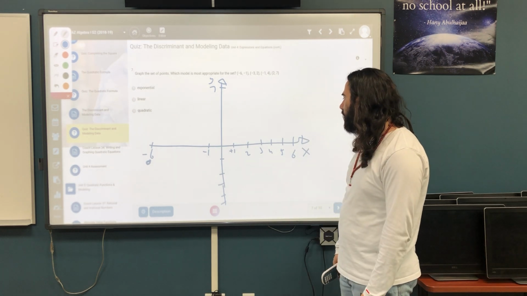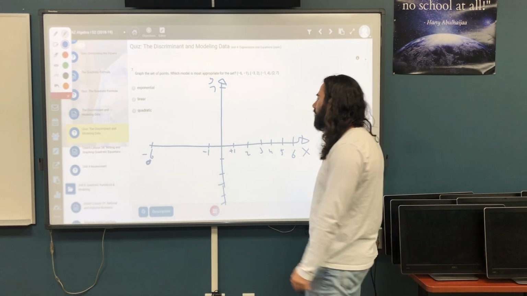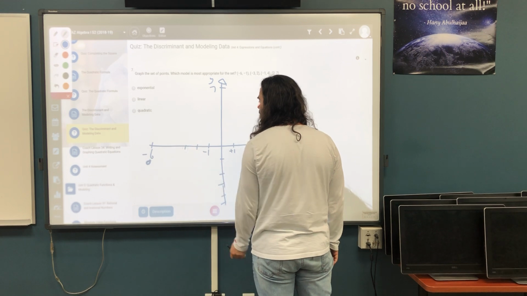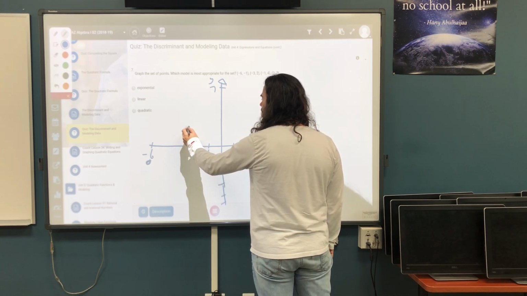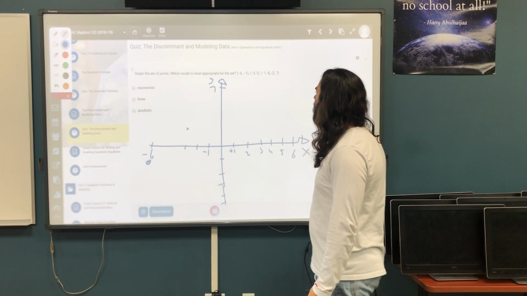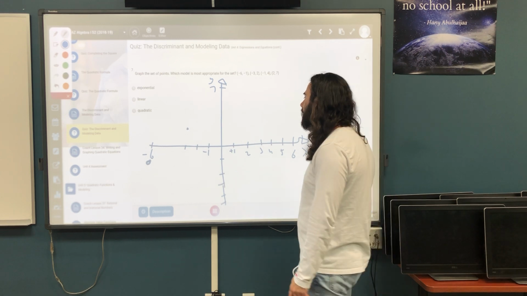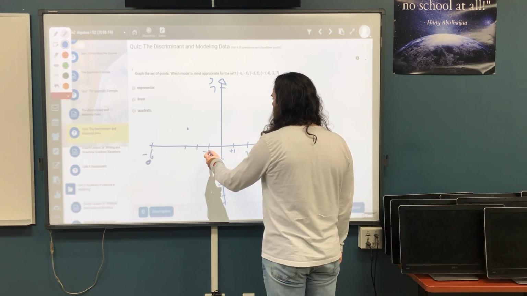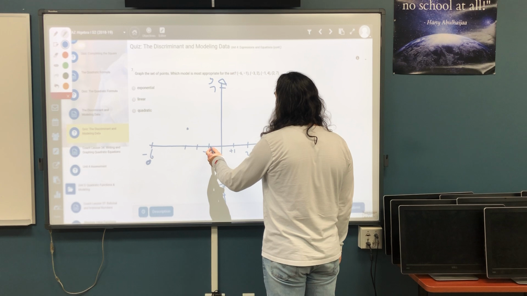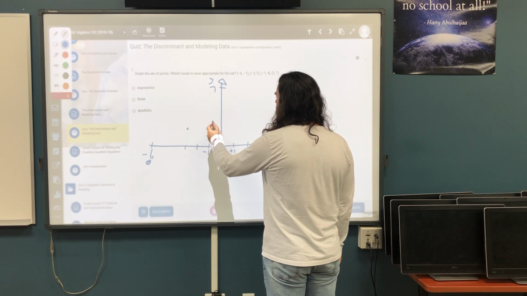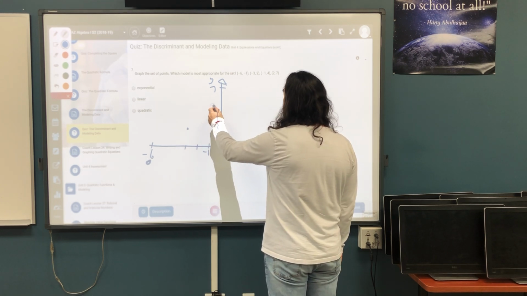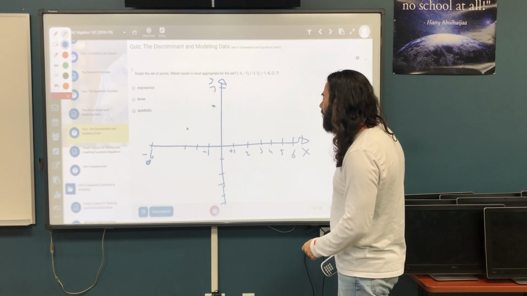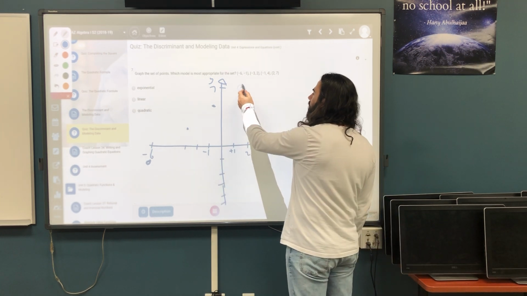Negative 3 and 2, so it's going to be here. Negative 1 and 4. Then 3 and 4, let's say it's going to be here. 2 and 7 is going to be here.